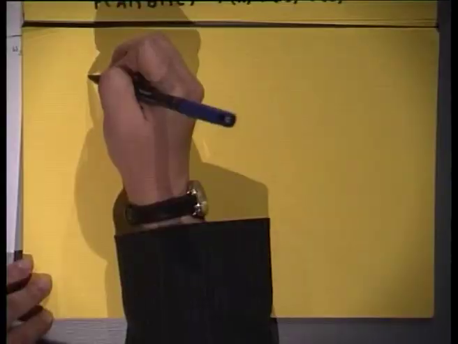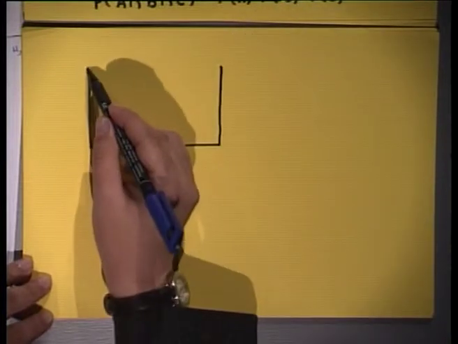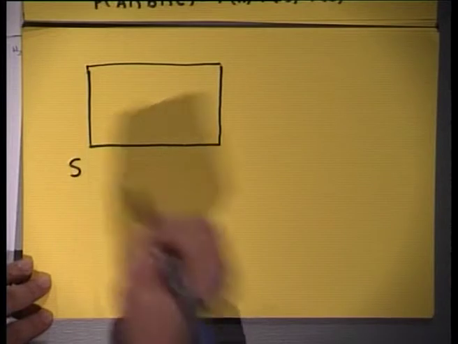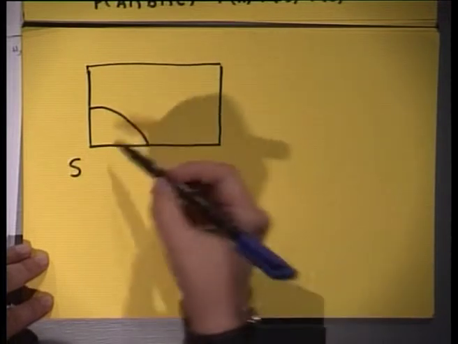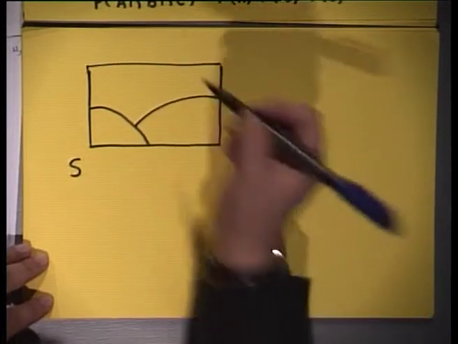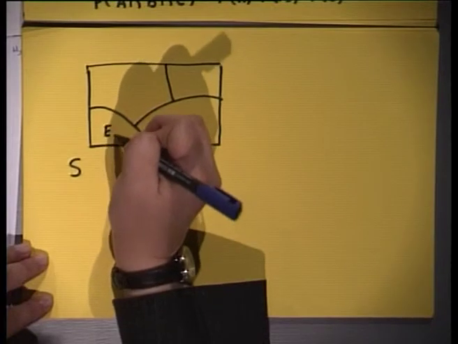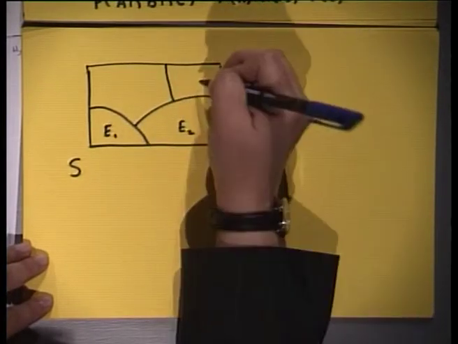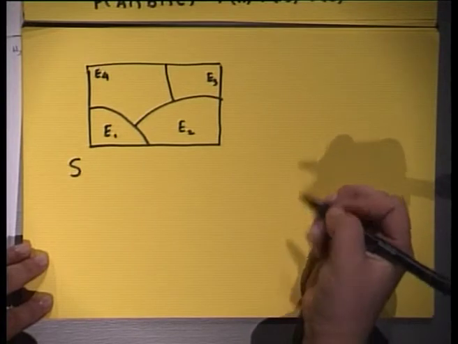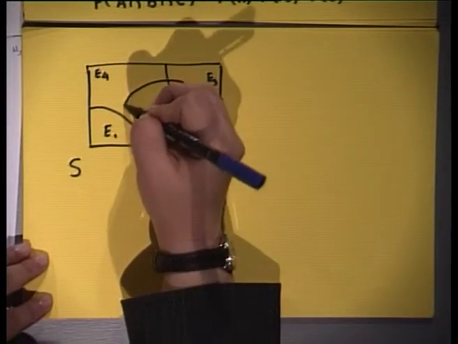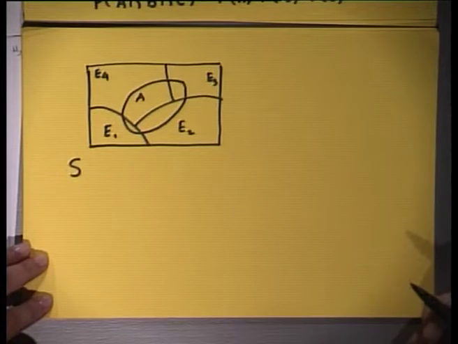So if we have our sample space S, and we have mutually exclusive events, they do not have any common elements, and their union is S, so we have E1, E2, E3, and E4, then we want to calculate the probability of an event A.